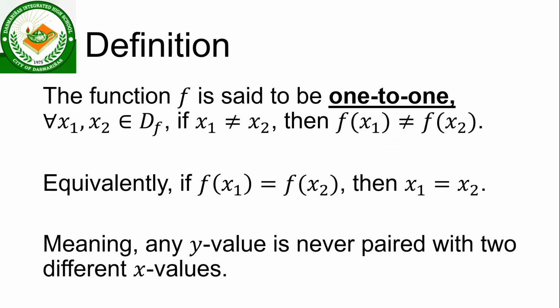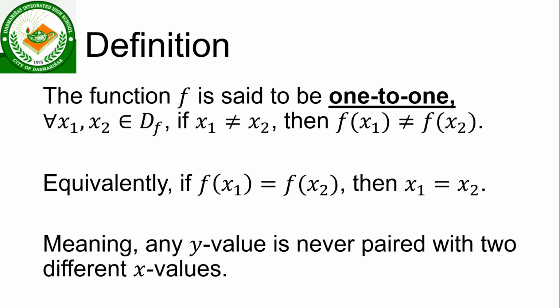To define a one-to-one function, the function f is said to be one-to-one if for all x sub 1, x sub 2 in the domain of f, if x sub 1 is not equal to x sub 2, so those x sub 1 and x sub 2 are not the same, then f of x sub 1 should not be equal to f of x sub 2.